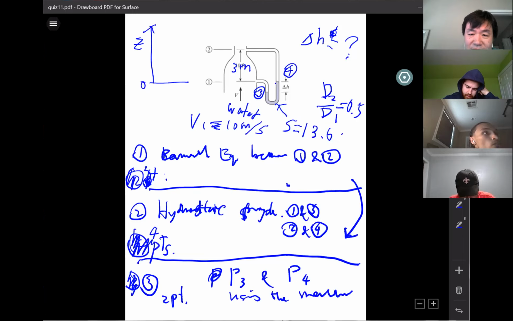What is the pressure difference? And then substitute it into this equation.